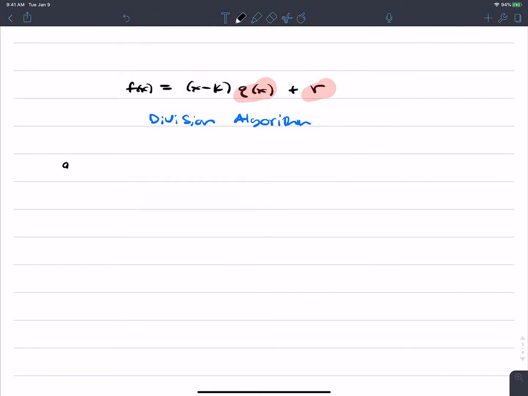So here's question 9. They're saying your function here is going to be 2x cubed plus x squared plus x minus 8, and k is going to equal negative 1.